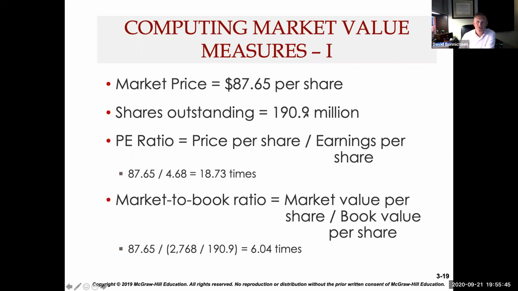If the shares outstanding goes down and we make the same amount of net income of $893 million, what happens? Earnings per share goes up. EPS goes up, right? So if EPS goes up and we keep the constant multiple, what happens to our share price? It's got to go up, right?